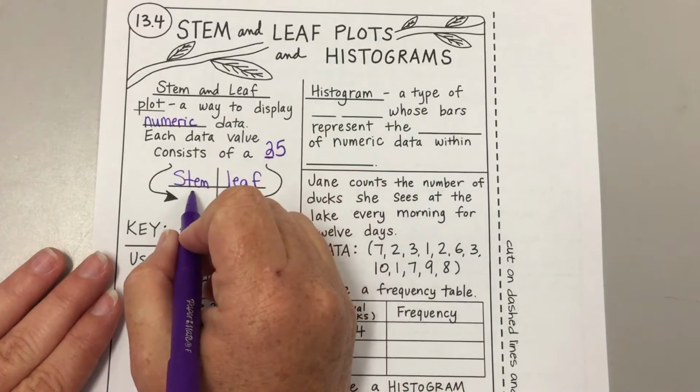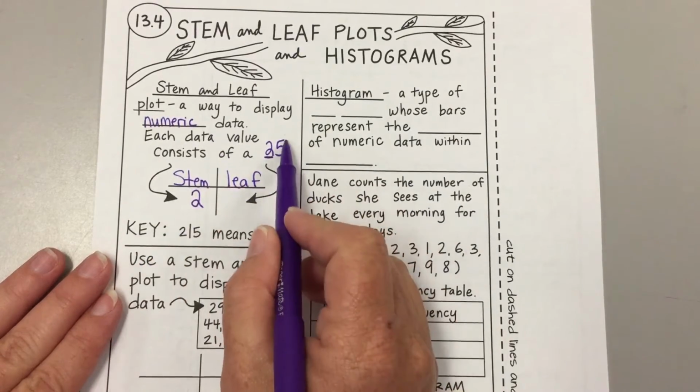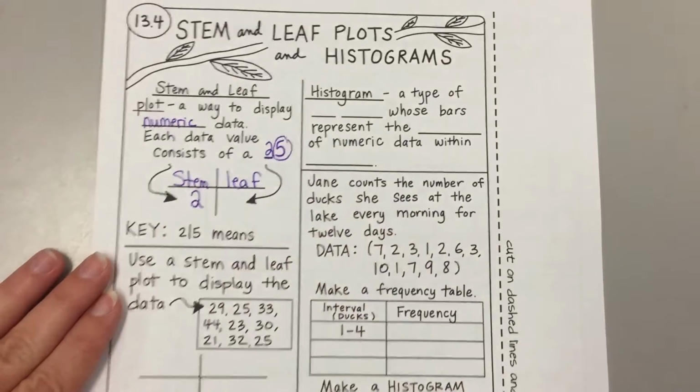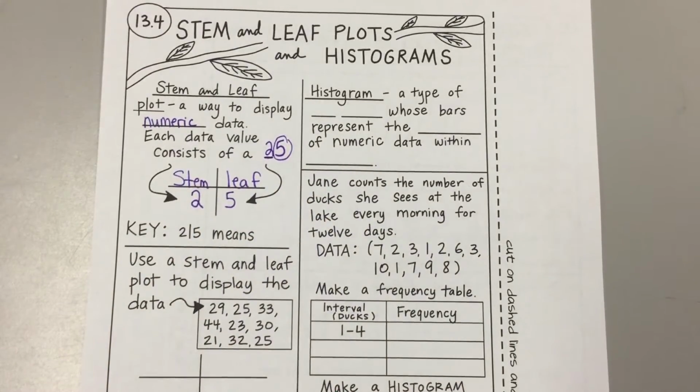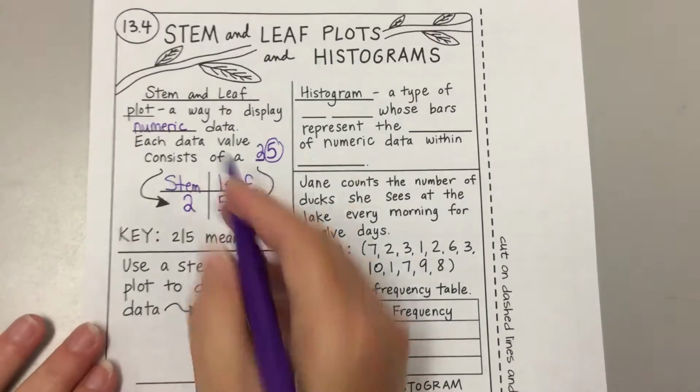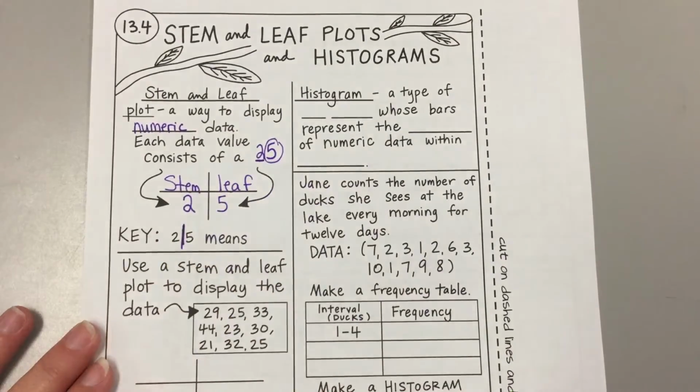So my stem is going to be a 2, and my leaf is going to be a 5. I use a stem and leaf when I have a lot of numbers in the 20s, a lot of numbers in the 10s, a lot of numbers in the 30s, and so forth. Okay, so a 2 with a line and a 5.